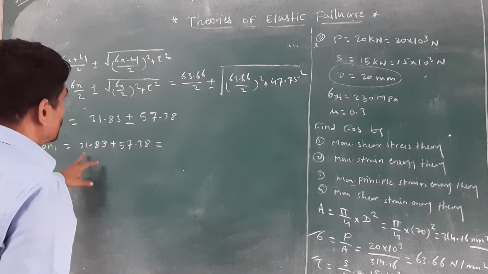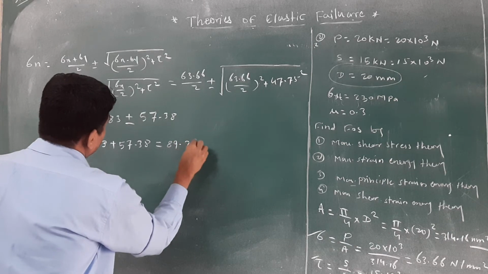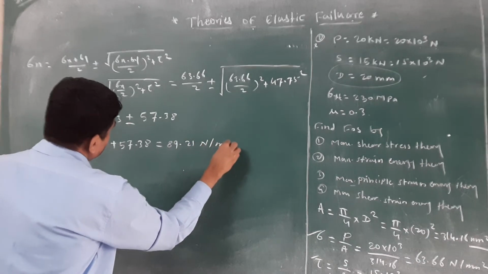How much will you get? You will get 89.21 Newton per mm square.